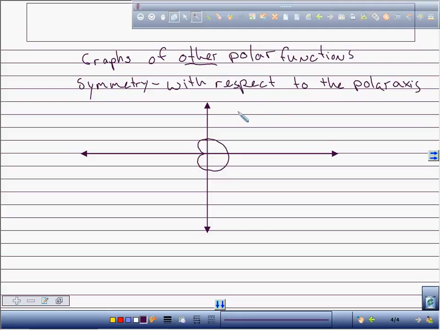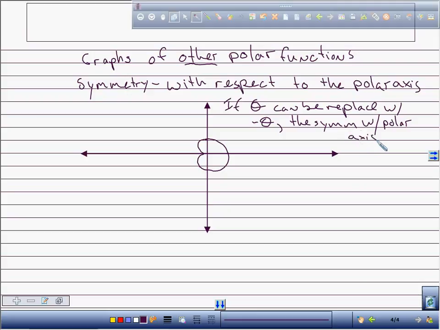The way you check for symmetry is if theta can be replaced with negative theta, and the equation does not change, then it has symmetry with respect to the polar axis.